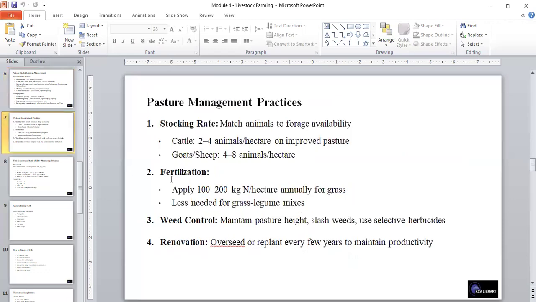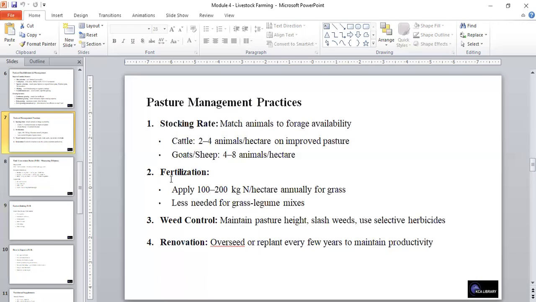So we move to pasture management practices. Stocking rates: you match animals to forage availability. For cattle, 2 to 4 animals per hectare are okay on improved pasture. For sheep, 4 to 8 animals per hectare is okay.